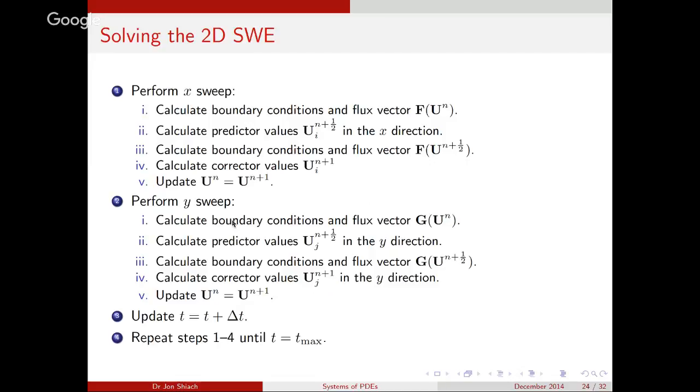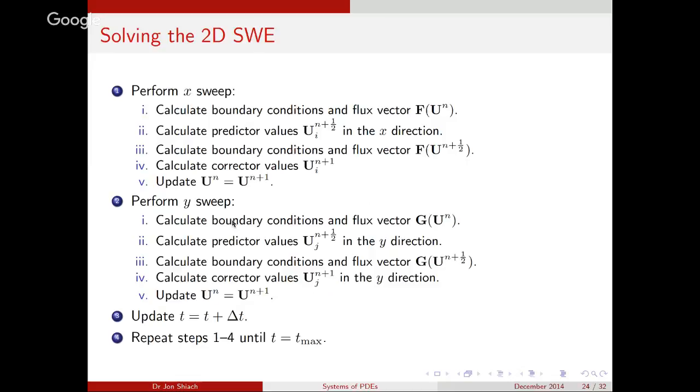And we do exactly the same, but this time in the y direction with the flux vector G, using these values which you just calculated. Exactly the same, but in your y direction. And then once you've done it over the x direction and over the y direction, you've done it over a full time step.